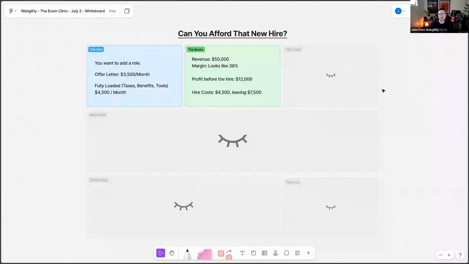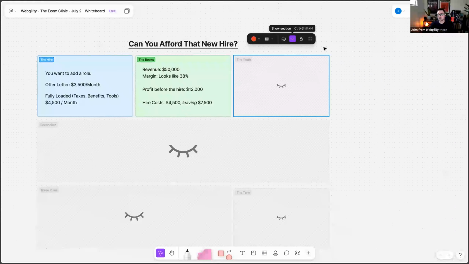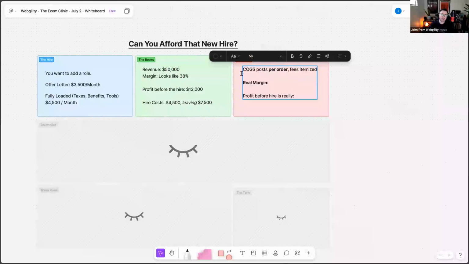So what you need to do, instead of just leaving it at this, is look at the actual truth, the actual real life margin for your books to understand how this number changes, right? If you look at your COGS, those are posted per order, and you should have your fees itemized, right?